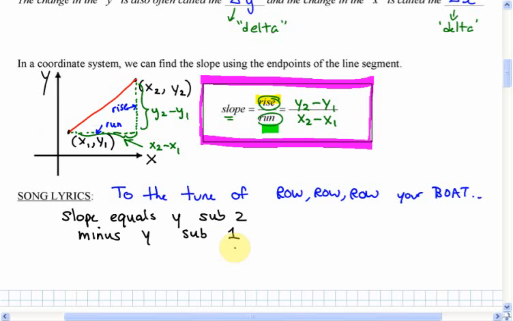And that bar sounds kind of hard to say, that bar, or divide, so I'll use the words all over. Then there's x sub 2 minus x sub 1. There you go.